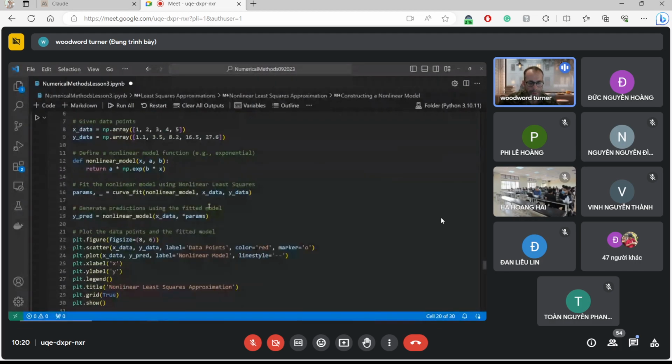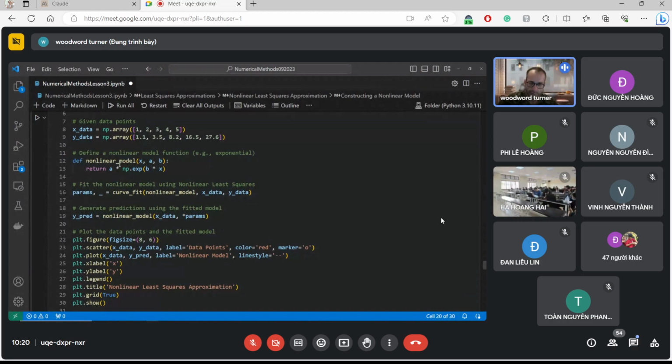And now I want to use this nonlinear least squares curve fitting method to fit this nonlinear model to the values that I have. So I have my x data, my y data, and I have a model. This function takes as input a model and then the x data and the y data. In our case, the model is the exponential.